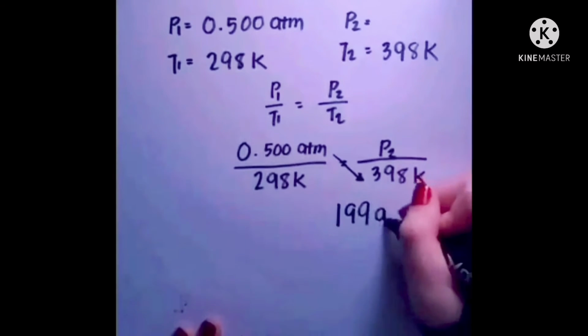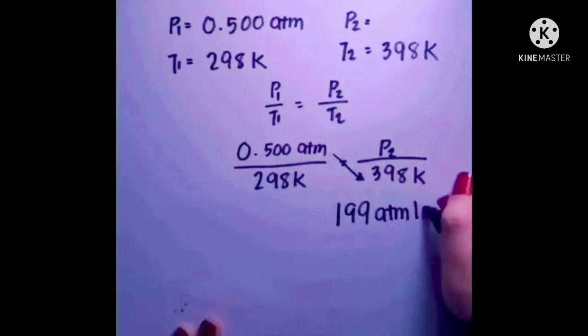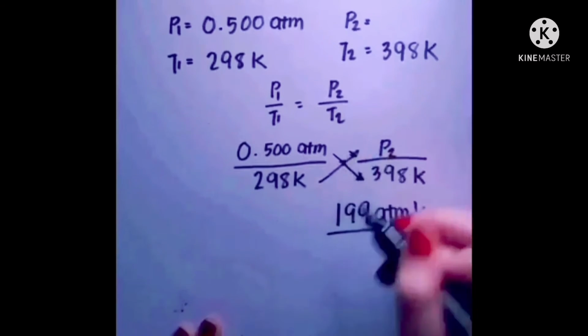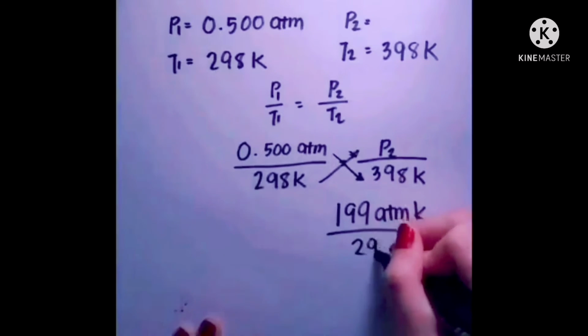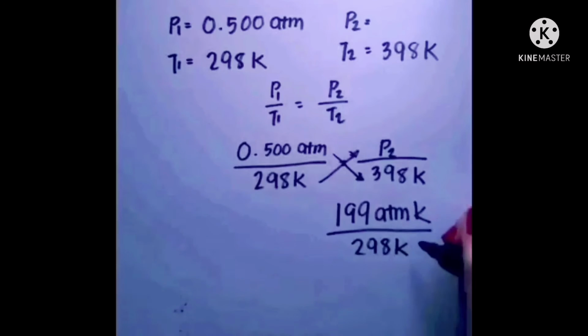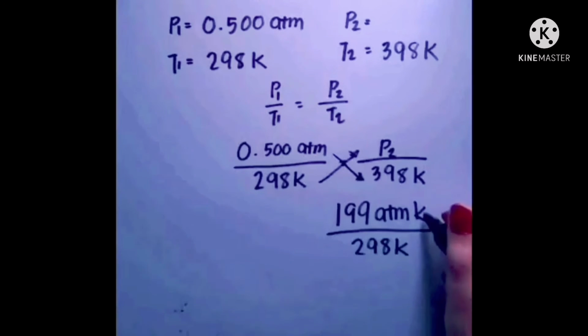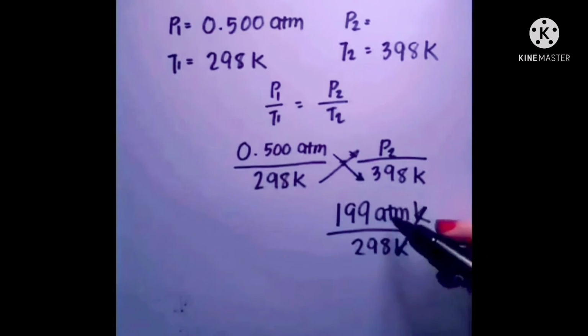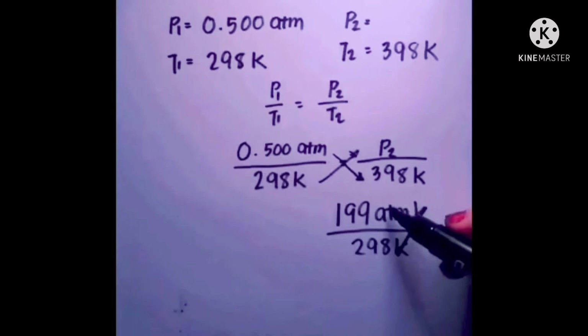199 ATM Kelvin over, ito naman ang kasunod, 298 Kelvin. So, i-cancel natin ito dahil magkapareho sila, yung Kelvin. At ito naman, i-divide natin.